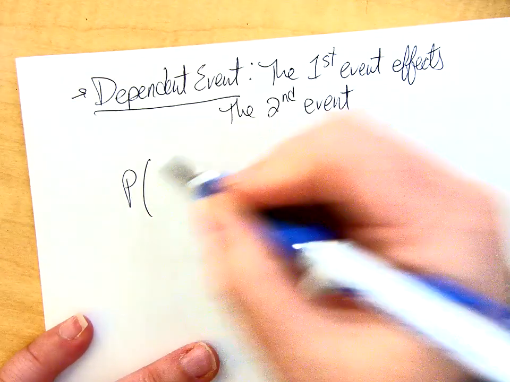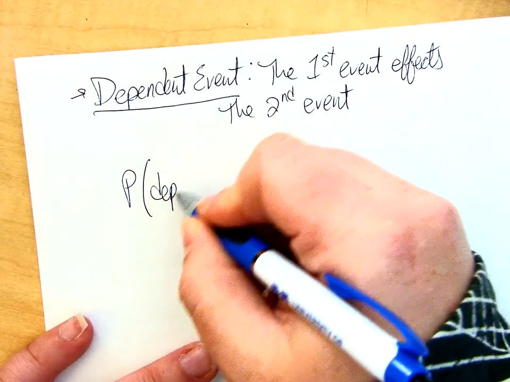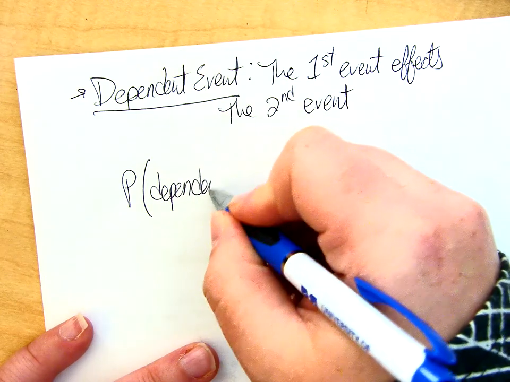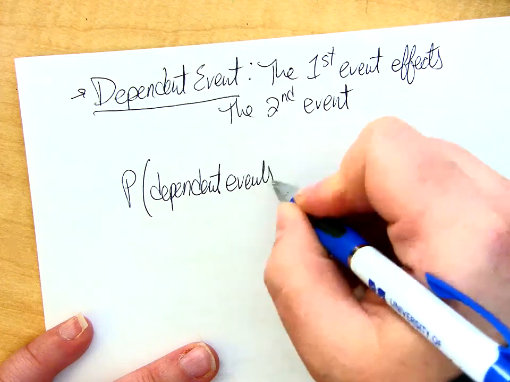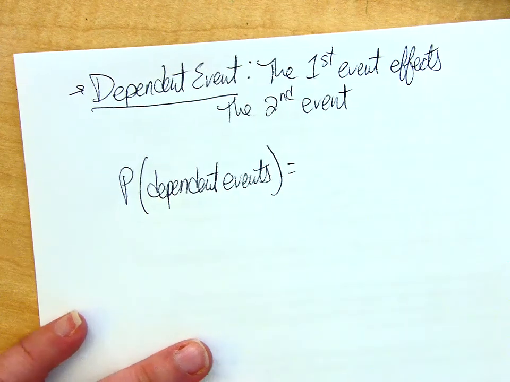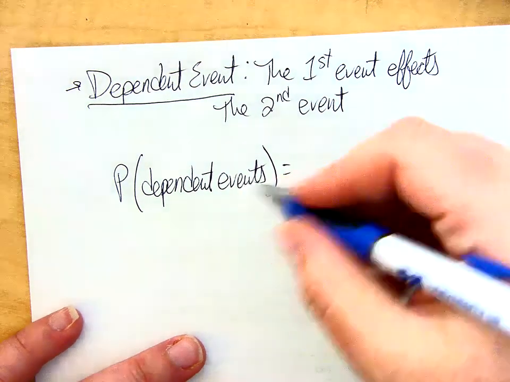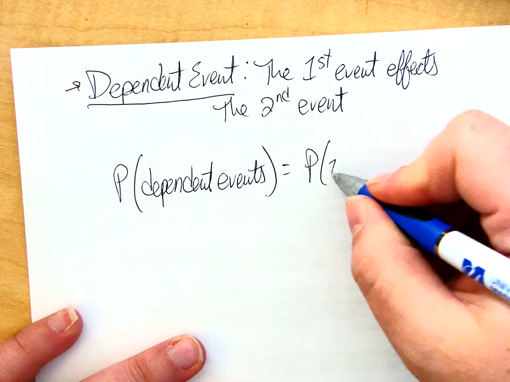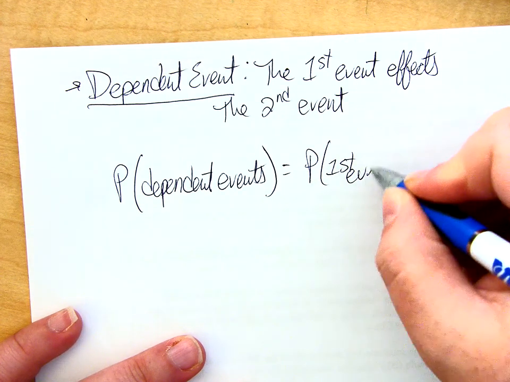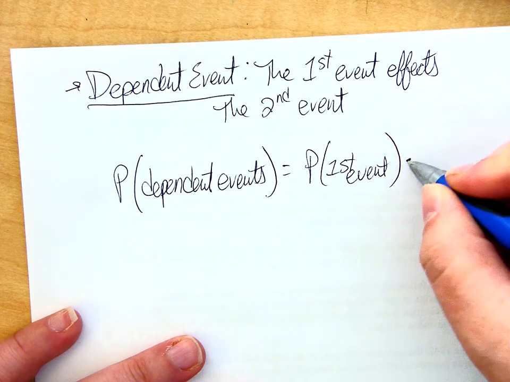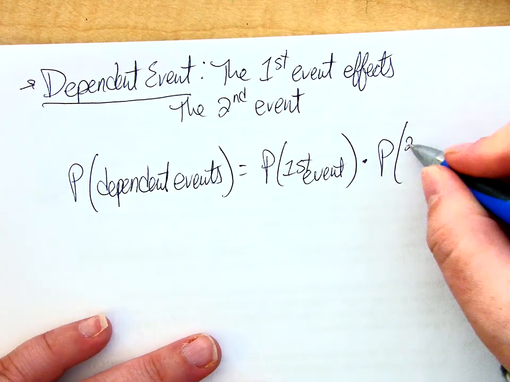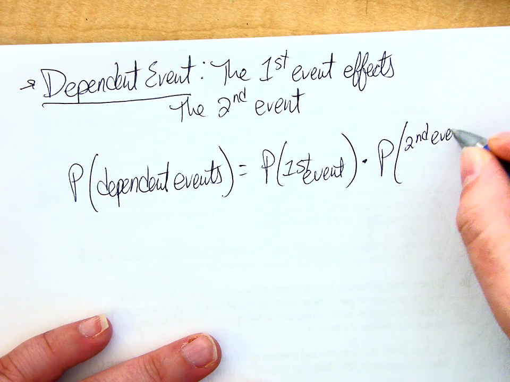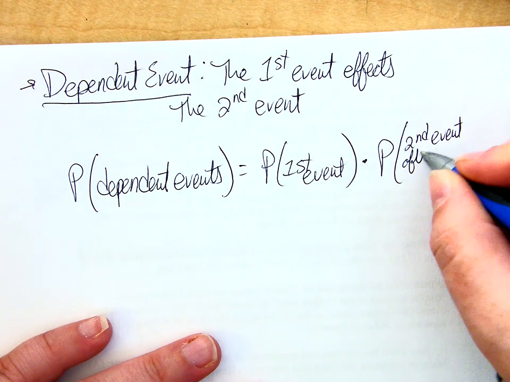So for the probability of two dependent events, I take the probability of the first event happening just like normal. But now I have to multiply it by the probability of the second event after the first has happened.